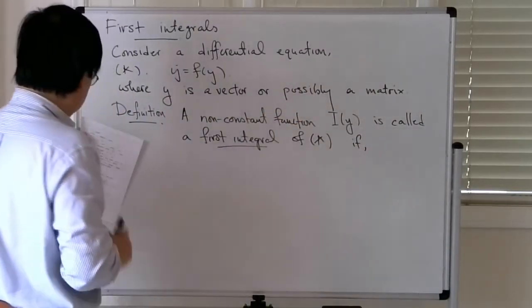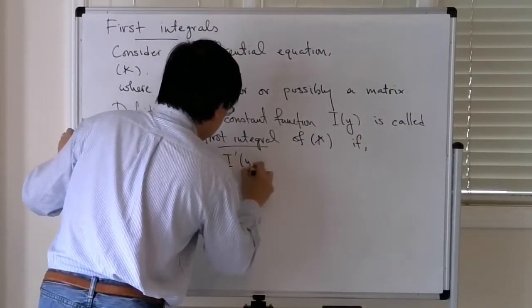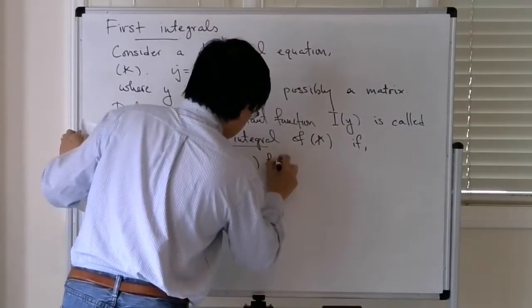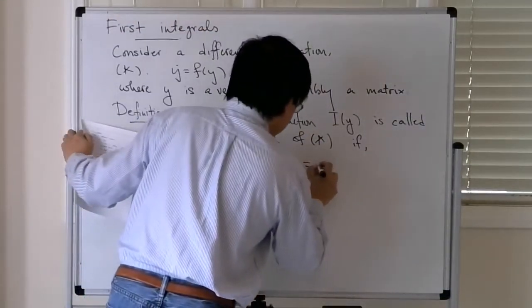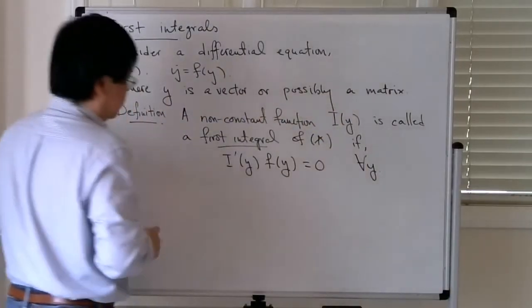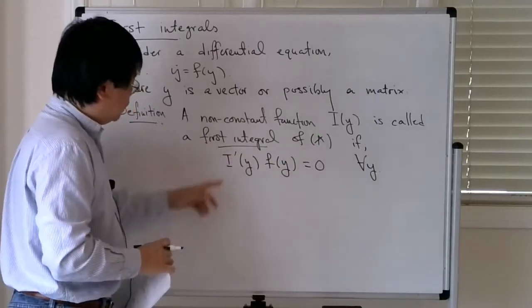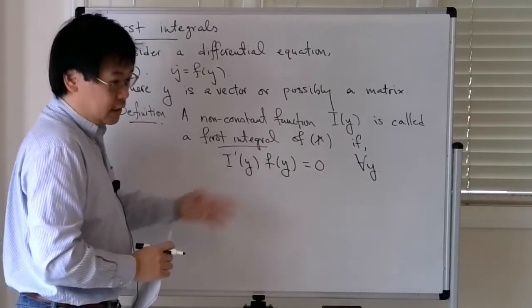Which is that if you differentiate I and you multiply it by the vector field, this is 0 for all y. Another way to think about this is that the directional derivative of I in the direction of the flow is 0.